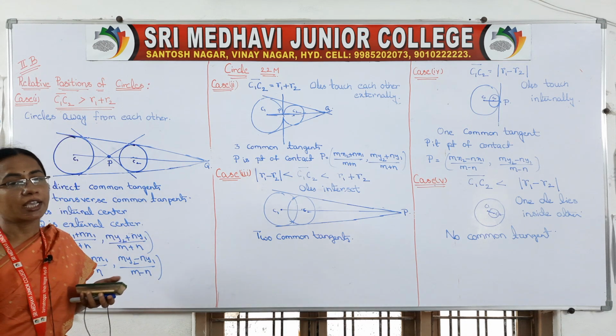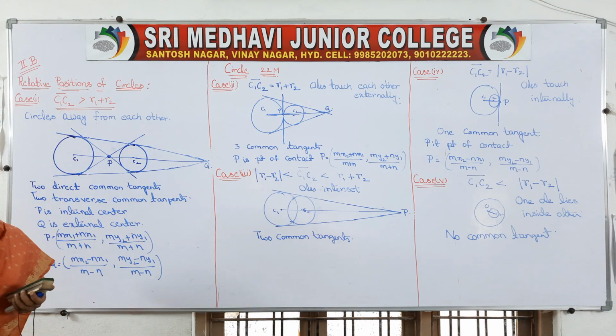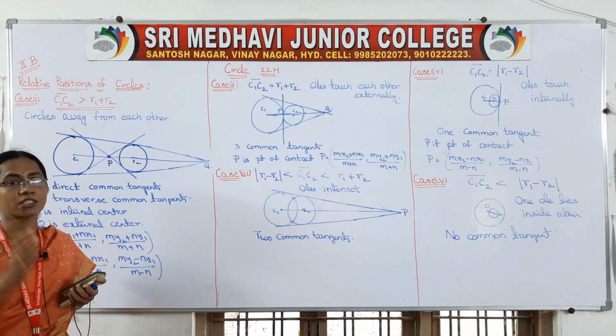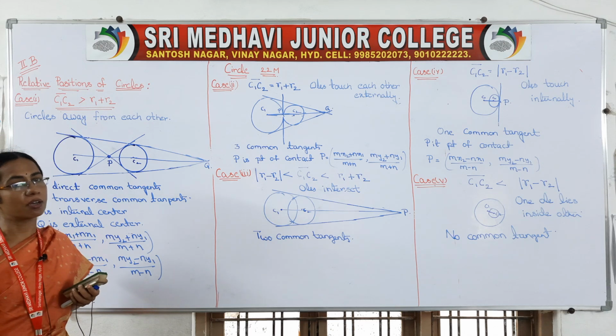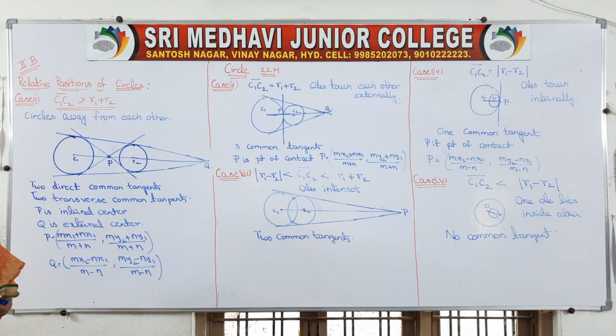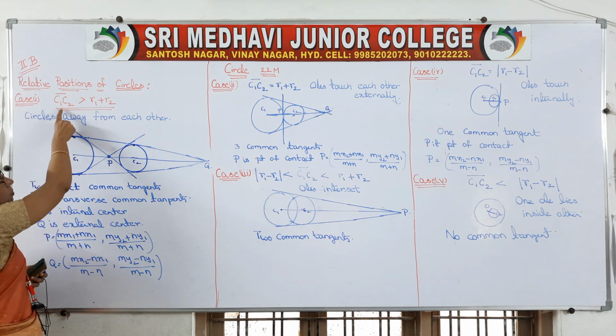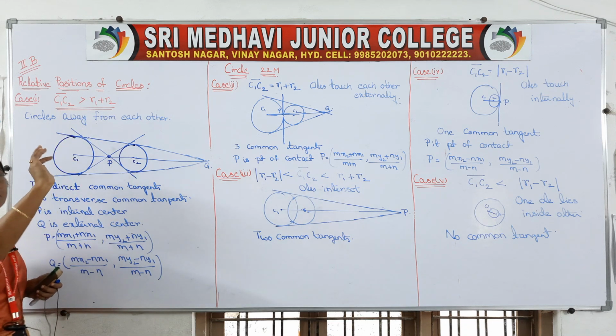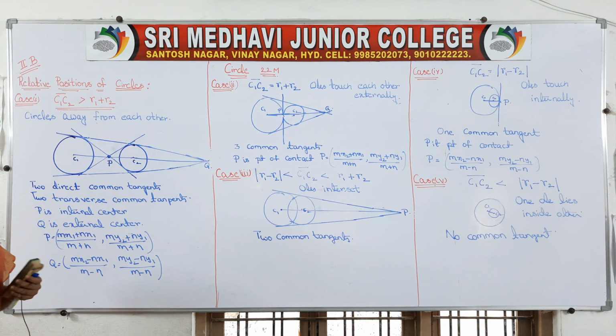Whenever a circle is there, the center will be there, the radius will be there. So first circle center C1, R1, second circle center C2, R2 you have to find. After that, find the distance between centers C1C2 and the R1 plus R2 value.